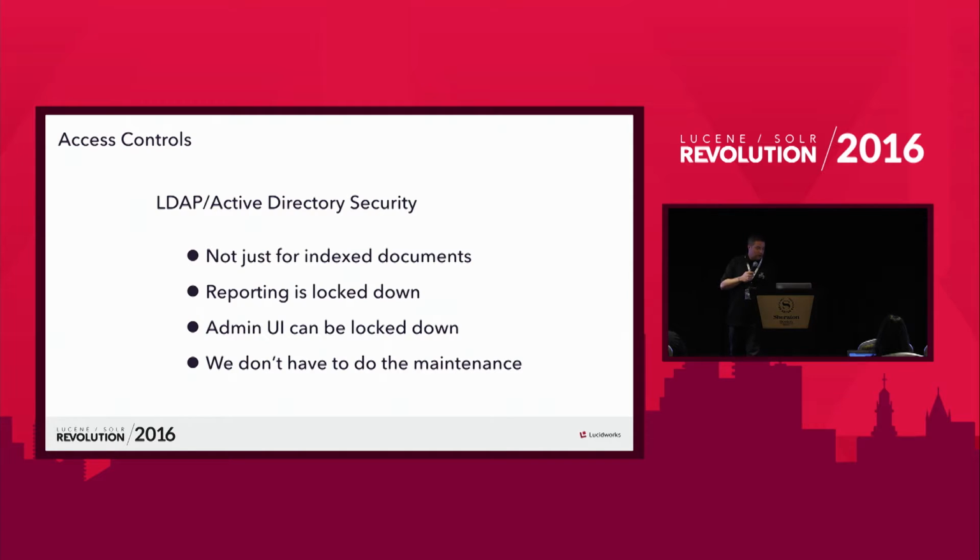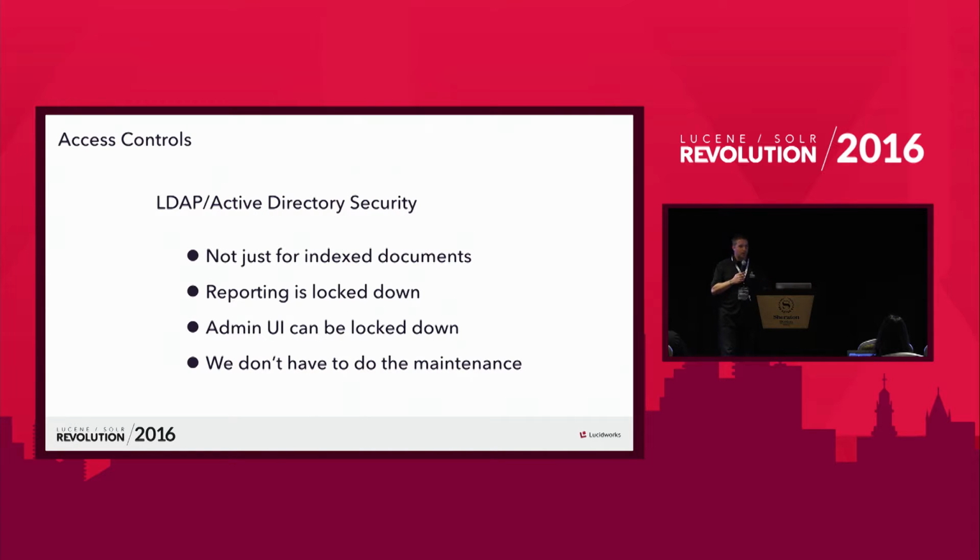For the admin UI, if they're going to be doing modifications, we made a choice to allow some of our customers to modify using the elevate component in Solr. We also use the synonym component, so we allowed our customers to do some of that. But we want them locked down to just that.